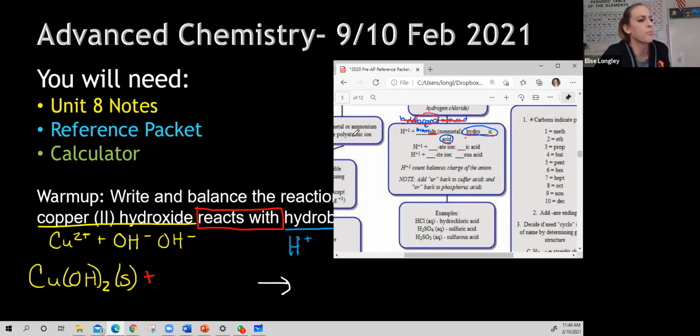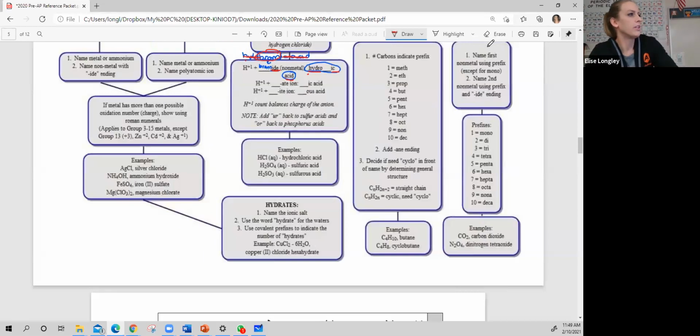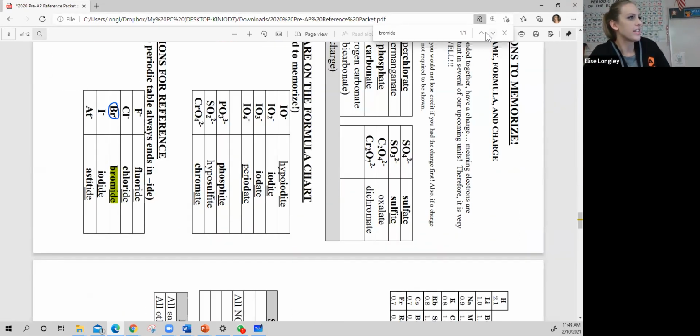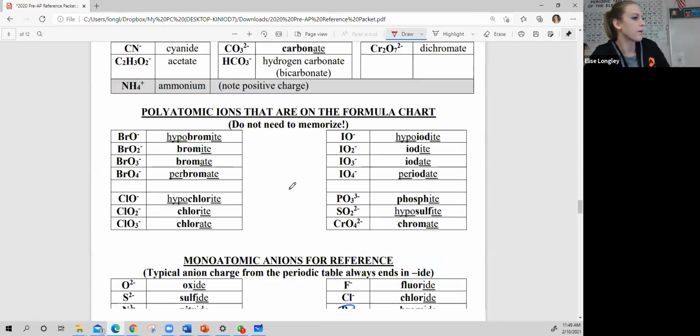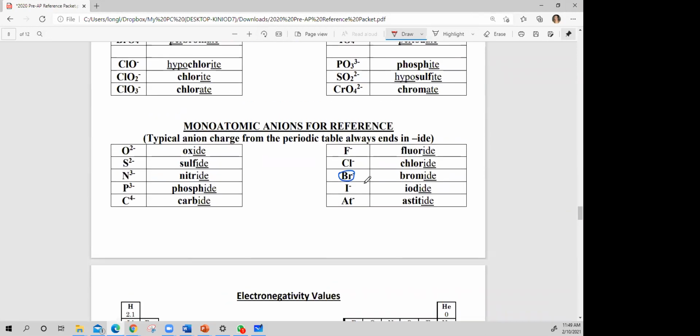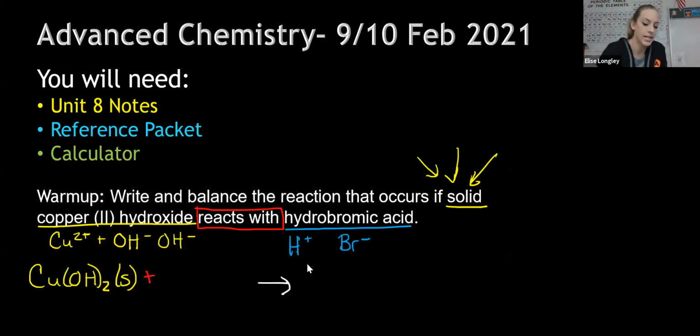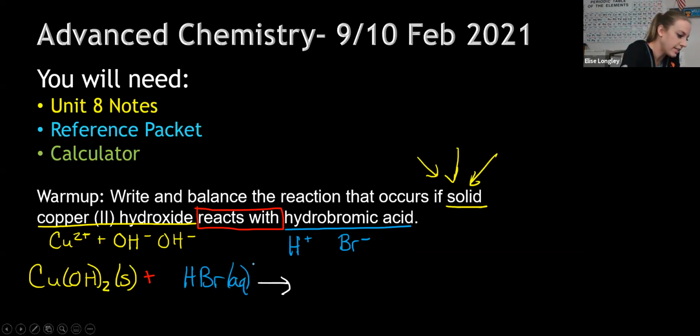So if you don't remember what bromide is, you can look here and you can see that bromide is Br minus. It was just the element. So Br minus, and then we need 1 H to pair with it, and it's an acid, so it is aqueous. Good. So HBr aqueous. It's a 1-to-1 ratio.